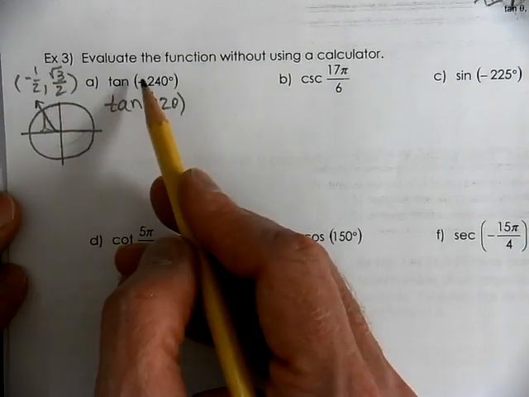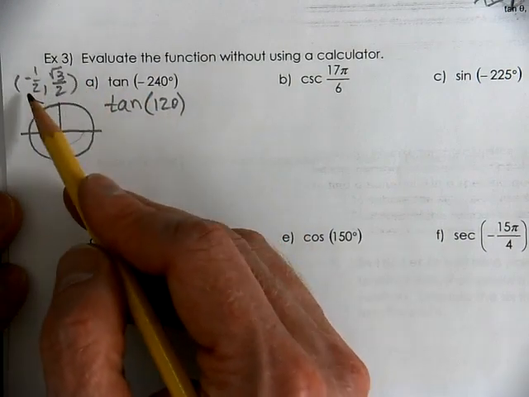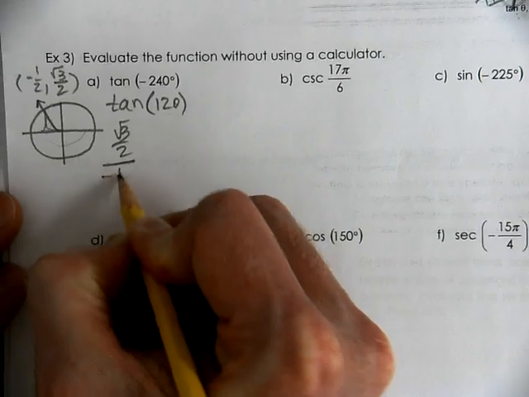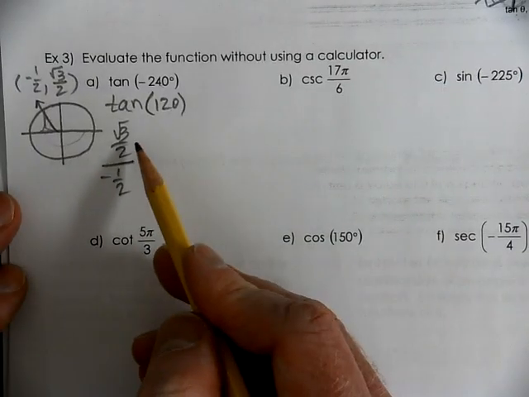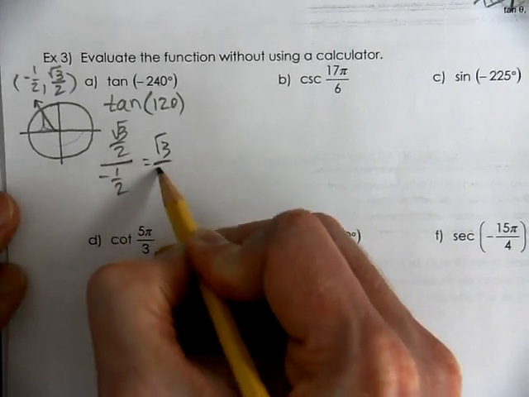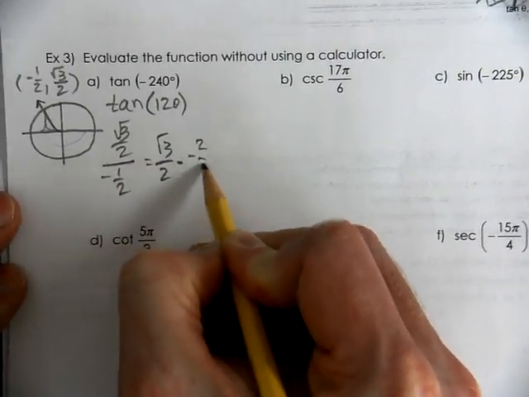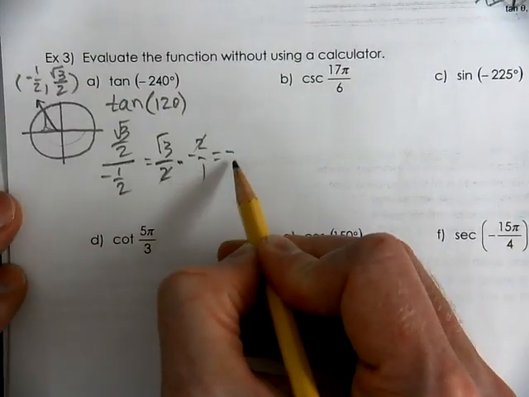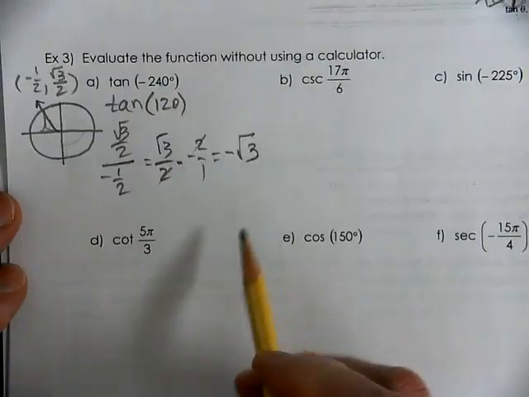So there we have it. To do tangent, I know that's y over x. So this is root 3 over 2, negative 1/2. How do you handle a fraction dividing by a fraction? You multiply by the reciprocal. So the 2's cross off, and we get negative root 3.